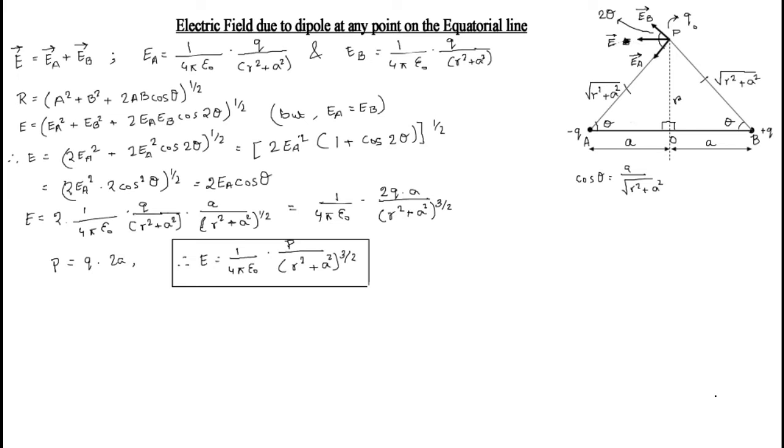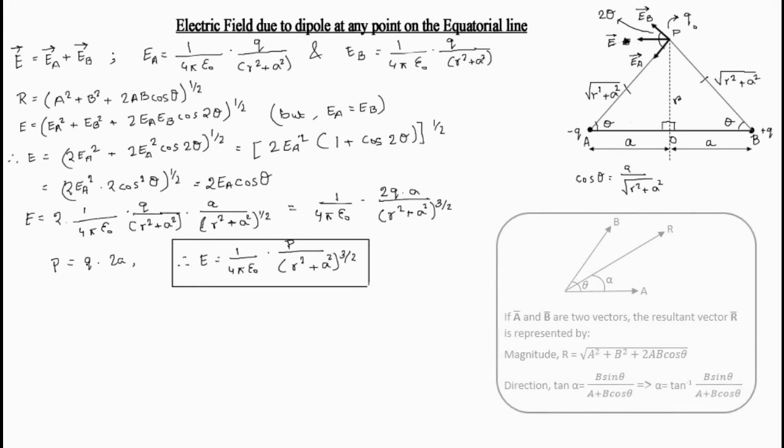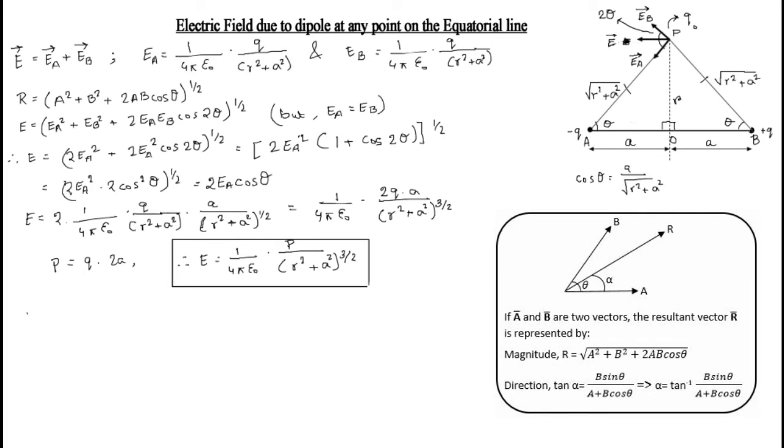So now we are going to calculate the direction of the resultant electric field. Before that, the general expression for calculation of direction for any two vectors a and b can be given as b sin theta by a plus b cos theta.